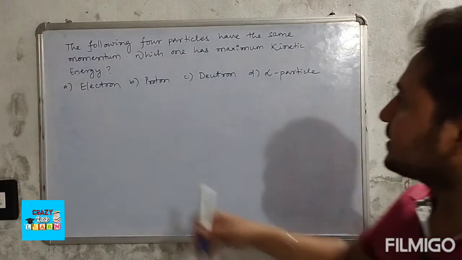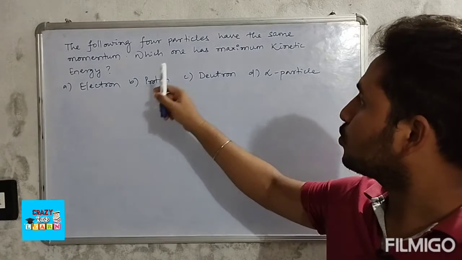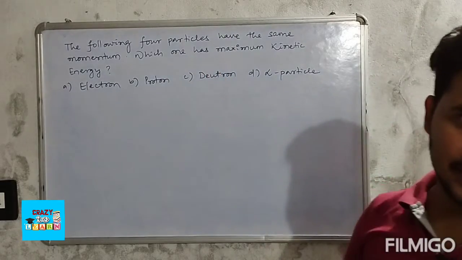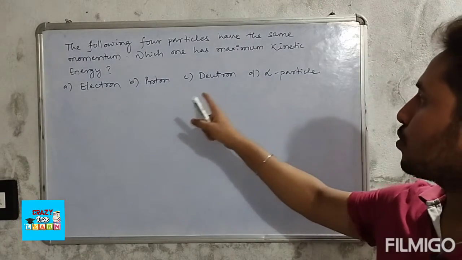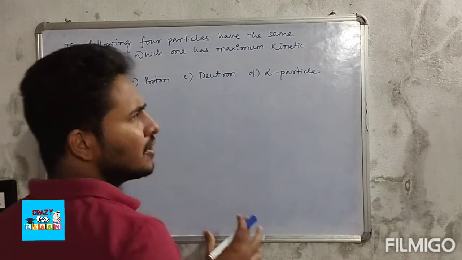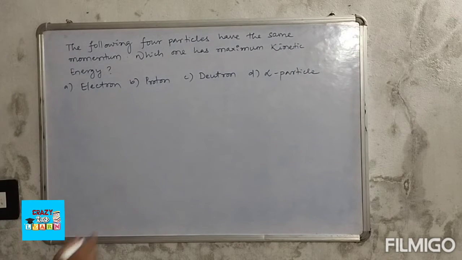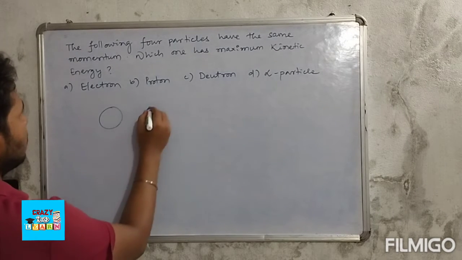Our next question is: the following four particles have the same momentum. Which one has maximum kinetic energy? Electron, proton, deuteron or alpha particle? So just to consider a general case, let two bodies be there.